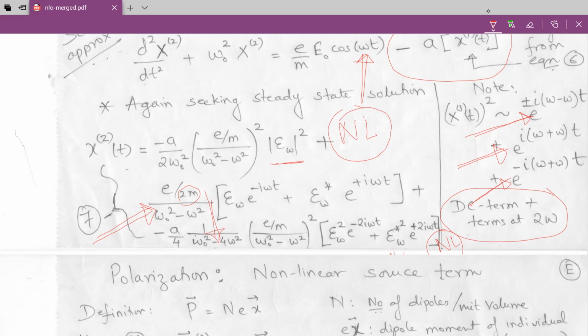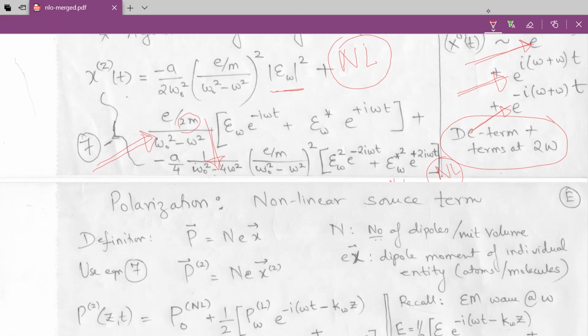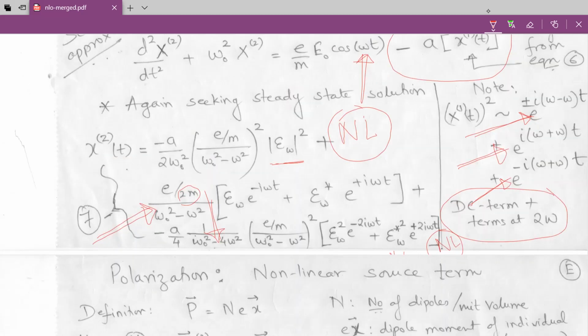That would be the resonant condition in which this term would dominate. Even though I came in with a field at omega, which is at optical frequency, I get a response at DC, which is at 0 frequency.